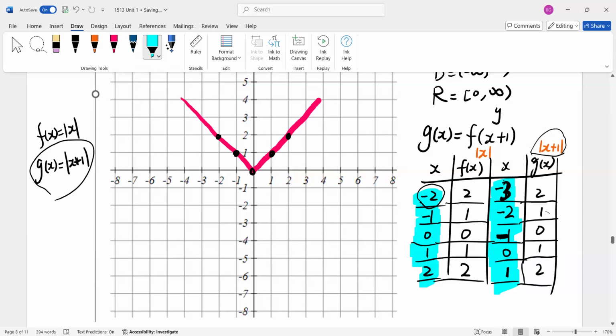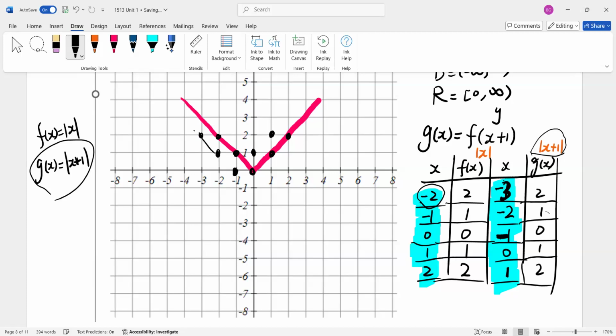Let's plot the 5 points. We have -3, 2. We have a -2, 1. We have -1, 0. We have 0, 1. We have 1, 2.